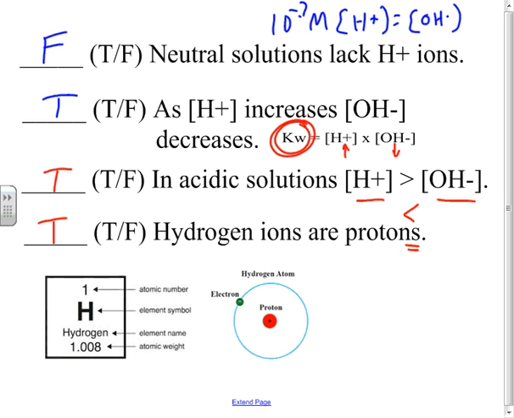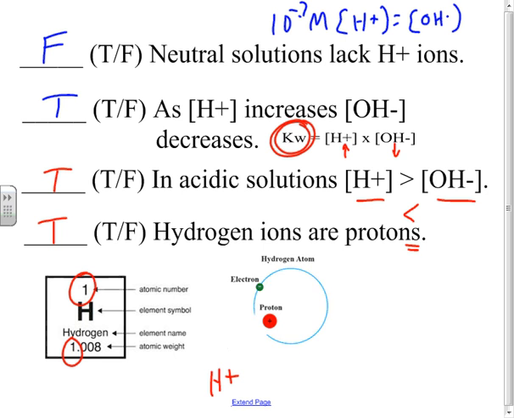If you think of the periodic table information, hydrogen has an atomic number of 1 and a mass of 1, so it has 1 proton in the nucleus and 1 electron. And if it becomes an ion, a positively charged ion, it has to lose that electron. So if we take that electron away, you are left with nothing but a proton. And that is the end of this lesson.